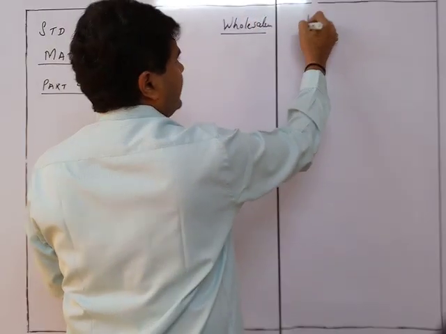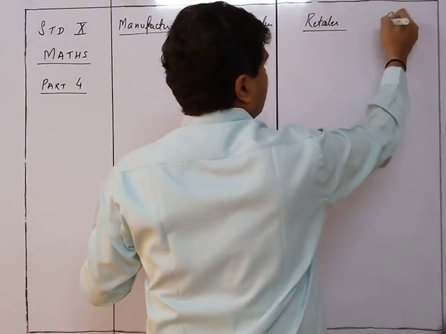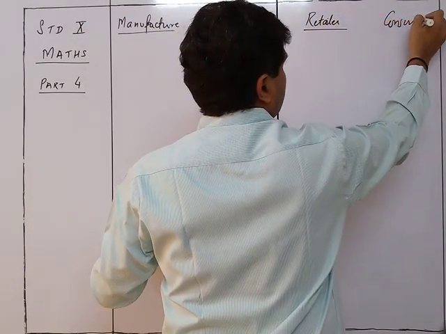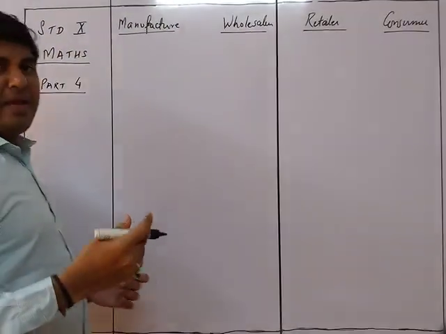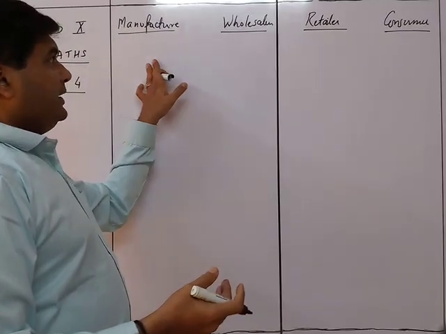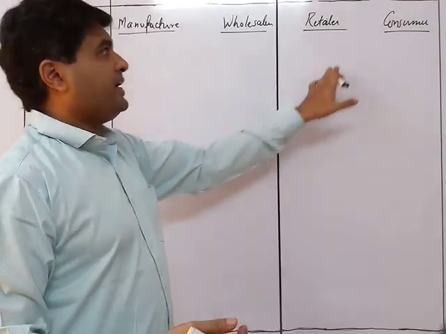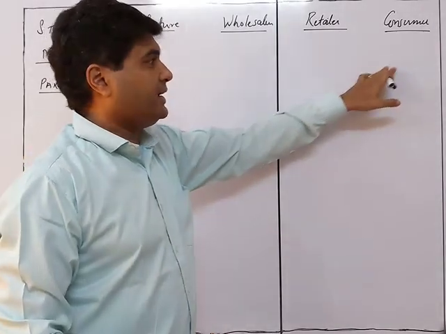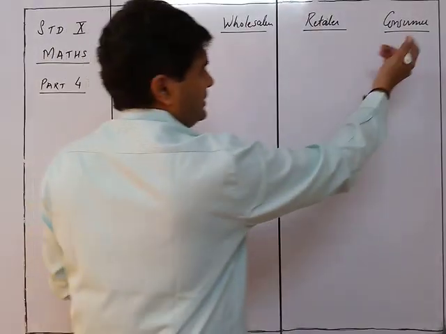The wholesaler sells it to the retailer and the retailer sells it to the consumer. Okay. So, the manufacturer is making the material, he is selling it to the wholesaler, who gives it to the retailer, and the retailer gives it to the customer. Okay, so we have the consumer, the customer.